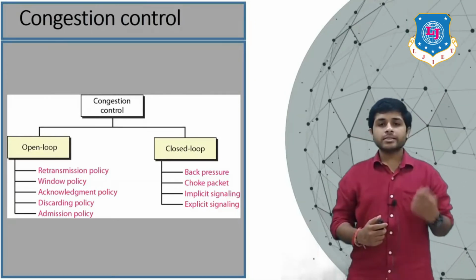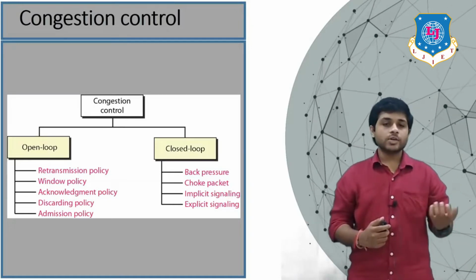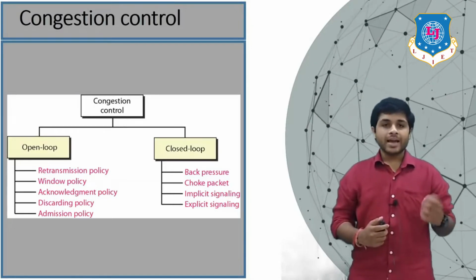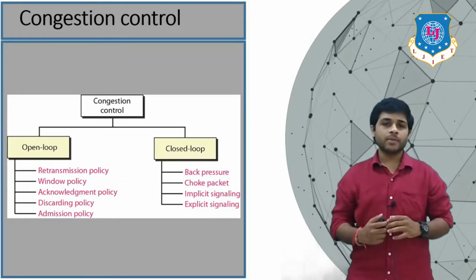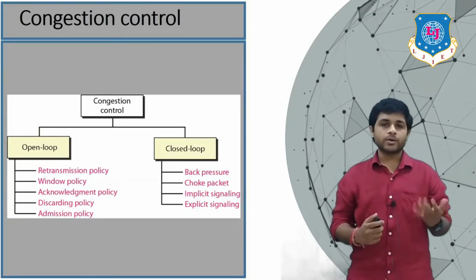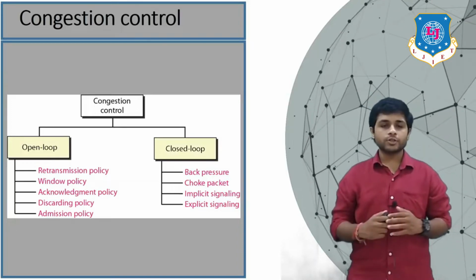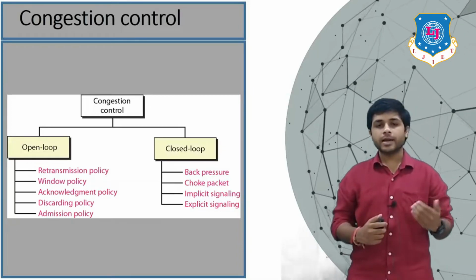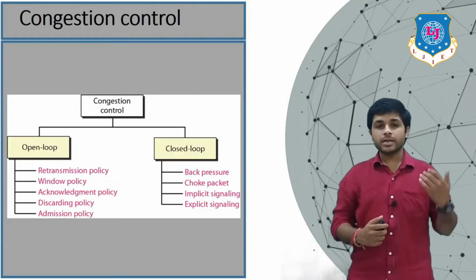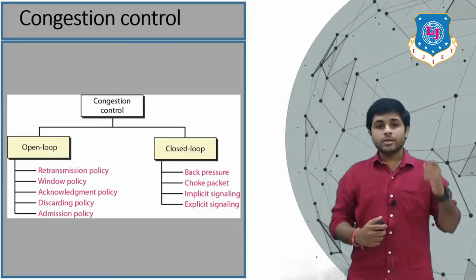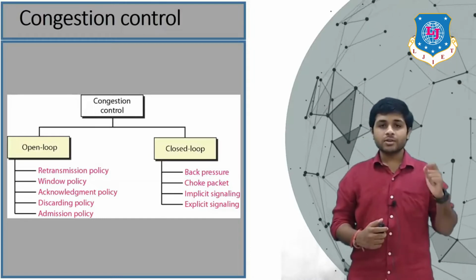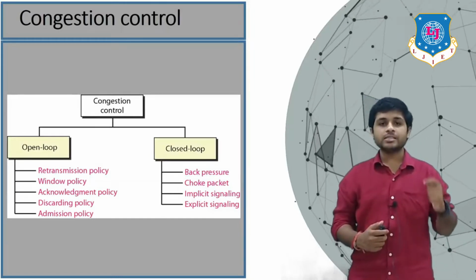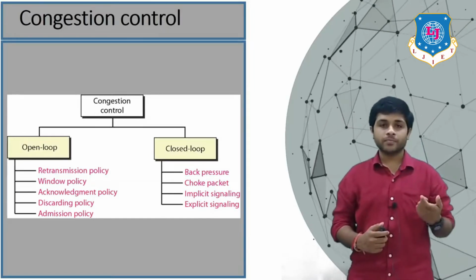Suppose the sender has sent a packet and has not received any acknowledgement yet, and it has waited for a very little amount of time, and it concluded, okay, I have not received any acknowledgement, so I'll retransmit the packet again. But because the transmission is very slow, the sender is going to receive the acknowledgement, but it is not waiting that long and it is retransmitting the packet again.